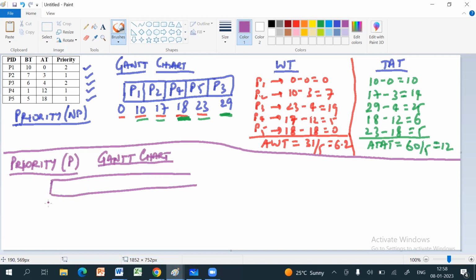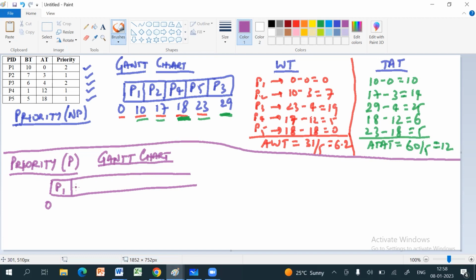So at time 0, obviously the Gantt chart will start at time 0. At time 0, currently P1 is the only process which is available. So there's no option but for P1 to schedule, right?